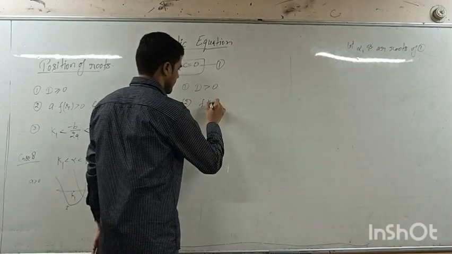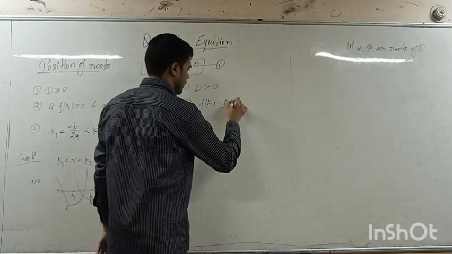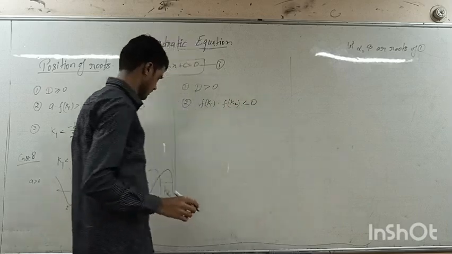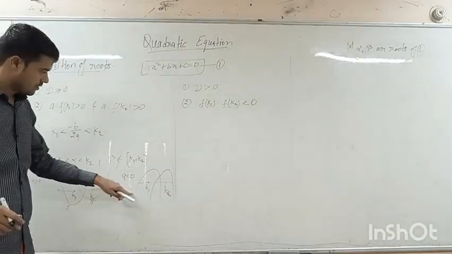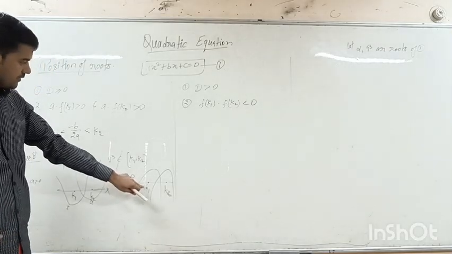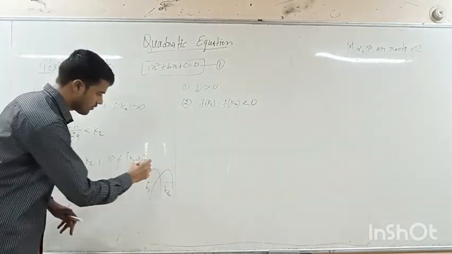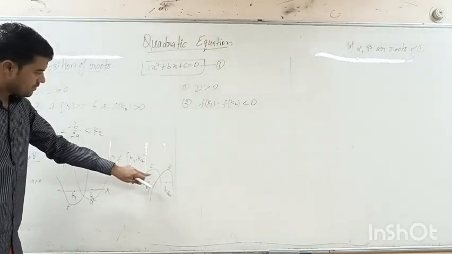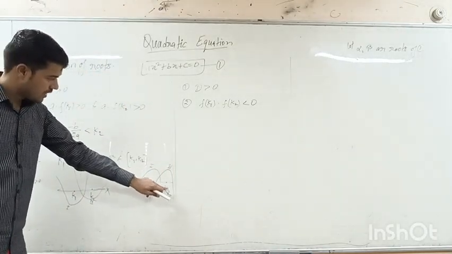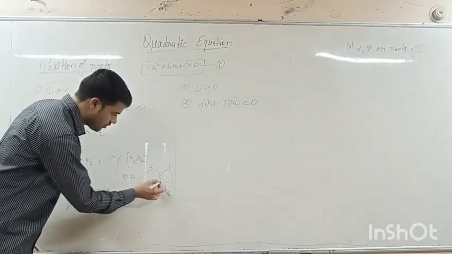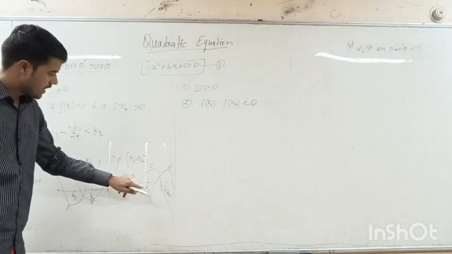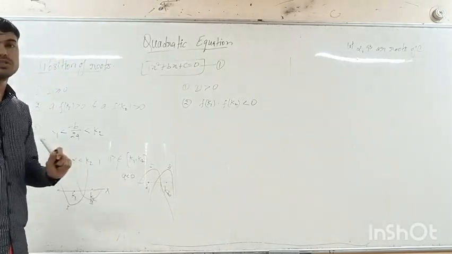So we can say f(k1) times f(k2) will be less than 0. See here, if we consider this first and this second, f(k1) is positive in this and f(k2) is negative, means the graph will go like this, and in the second graph f(k1) is negative and f(k2) is positive.